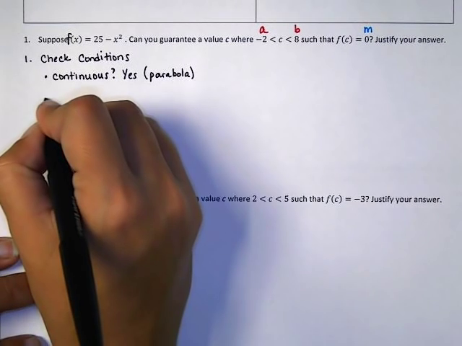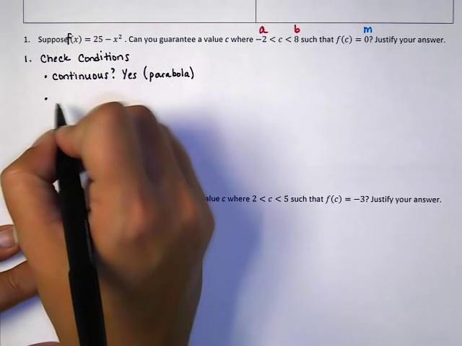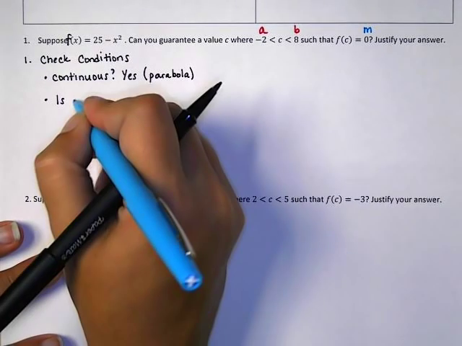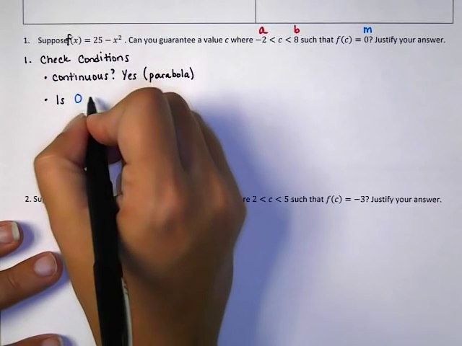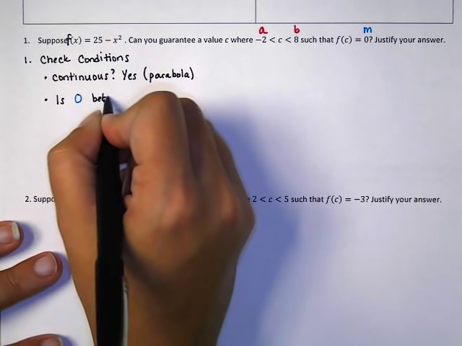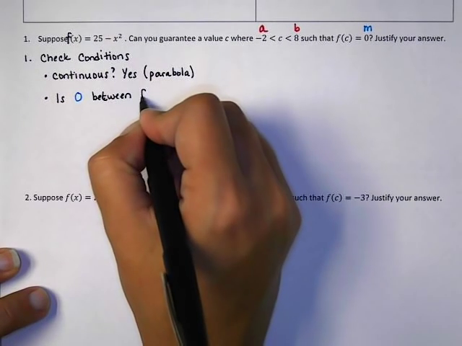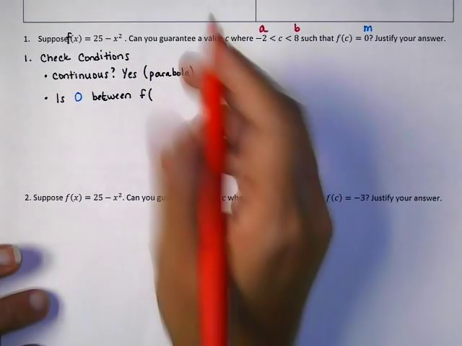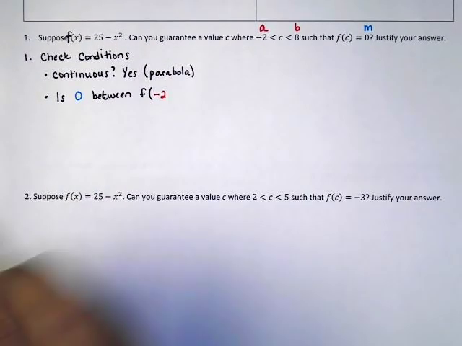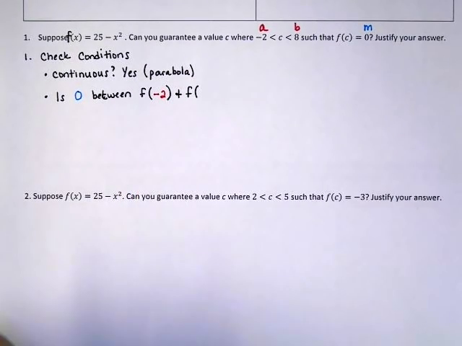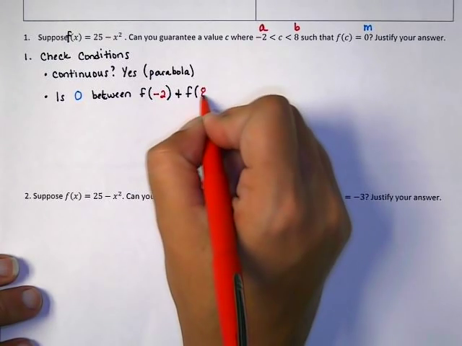The second question I need to ask myself is, is my desired value, which is 0, between f of whatever my first x value is, which is -2, and f of whatever my second x value is, which is 8?